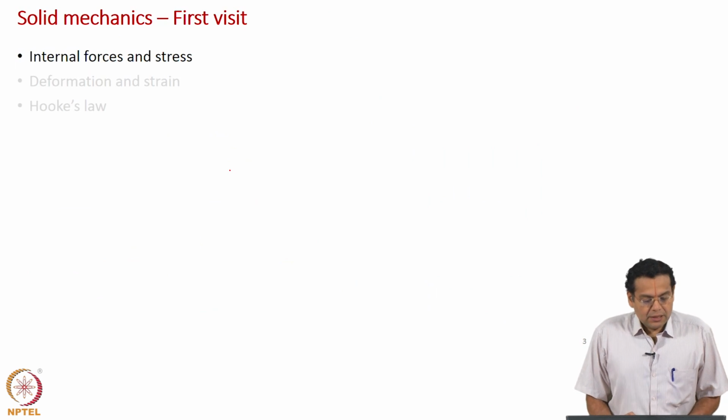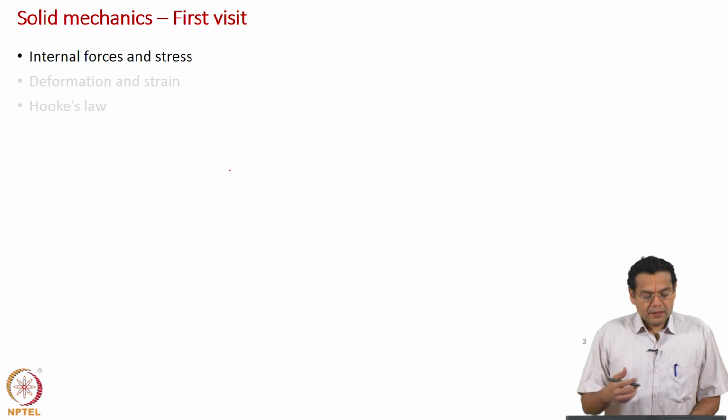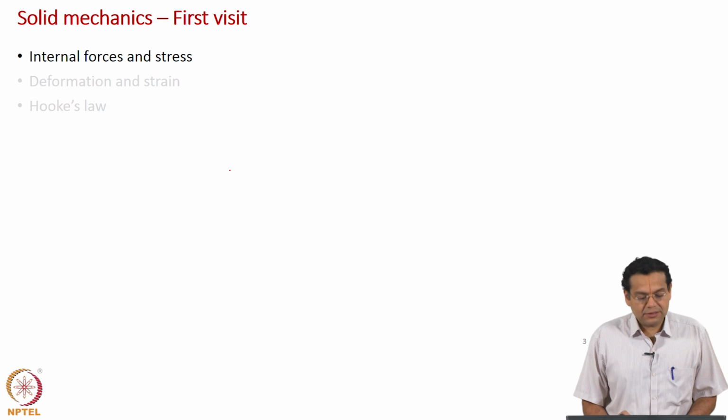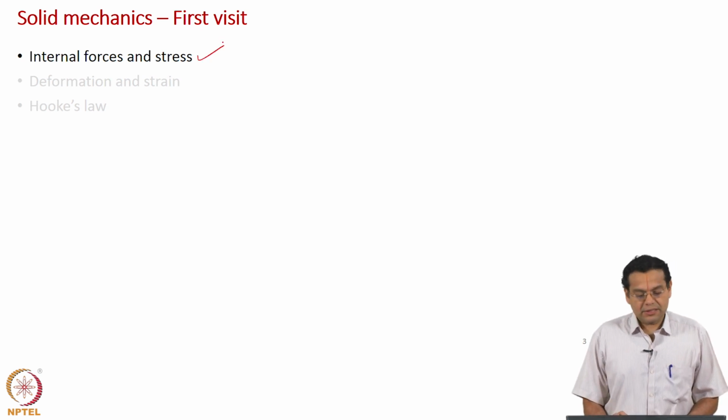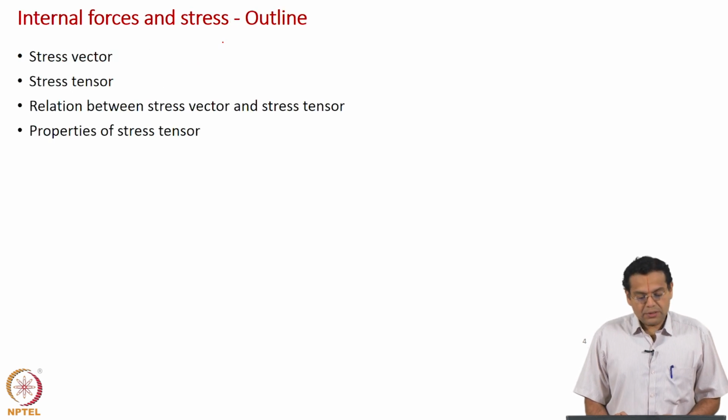Okay. So, solid mechanics, the first visit, and the first highlighted one shows the title of the first visit, internal forces and stress. Whatever is not highlighted are the topics for the subsequent visits. We are going to discuss internal forces and stress, and this is the outline for it.